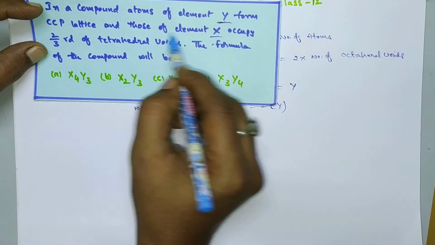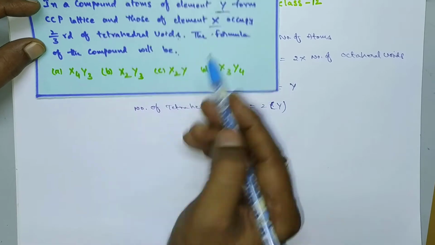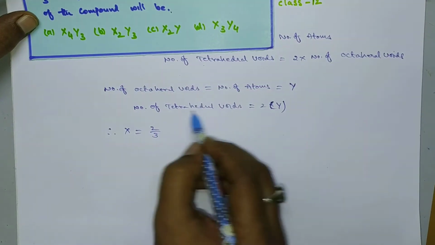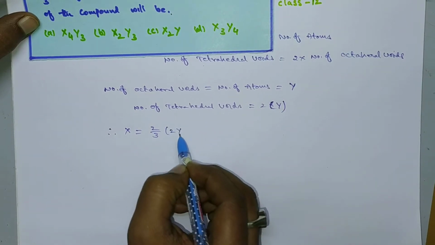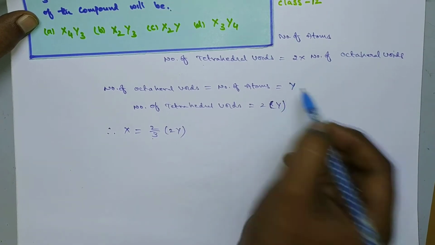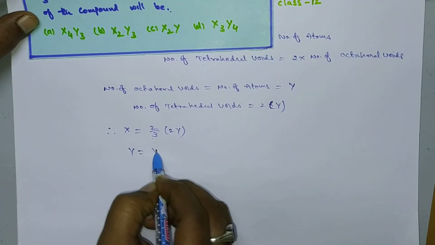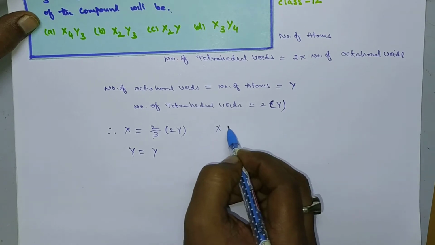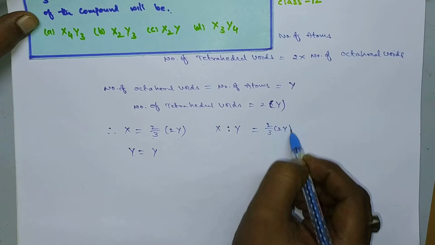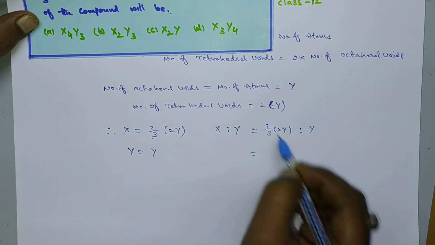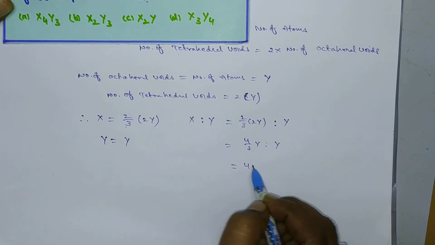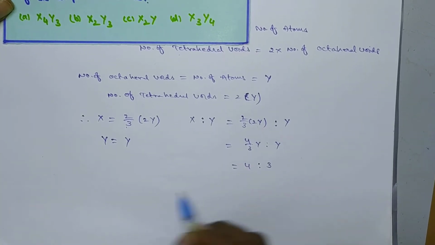Here X occupies 2/3 of the tetrahedral voids. So X is equal to 2/3 of the tetrahedral voids, which is 2Y. So X is equal to 2/3 of 2Y, and Y is equal to Y. We have to find the ratio of X and Y. X to Y is 2/3 of 2Y to Y, so that is 4/3 of Y to Y. That equals 4 to 3.